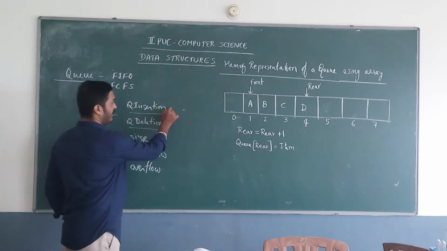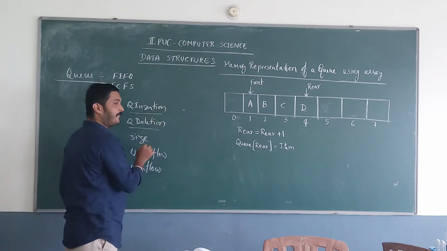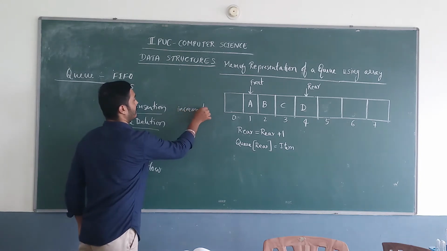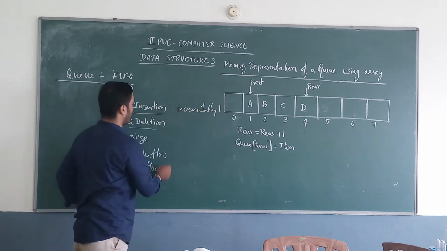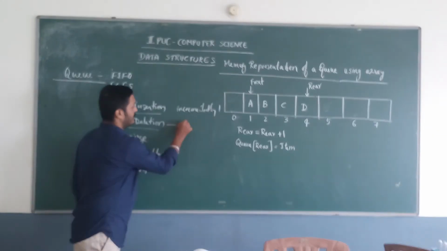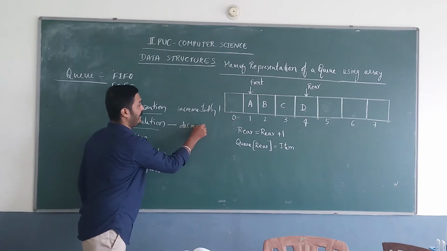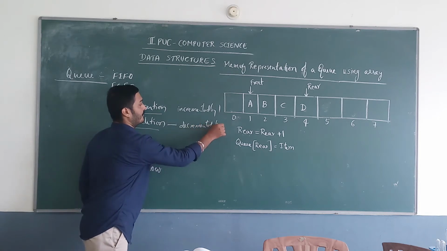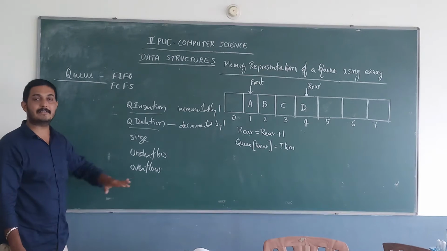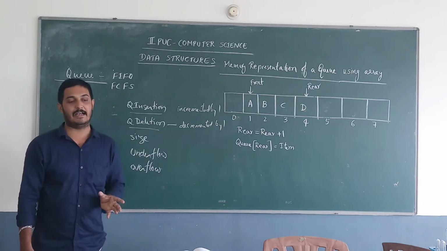During insertion, the total number of elements is incremented by 1, and during deletion, the total number of elements is decremented by 1. Size indicates the total number of elements.